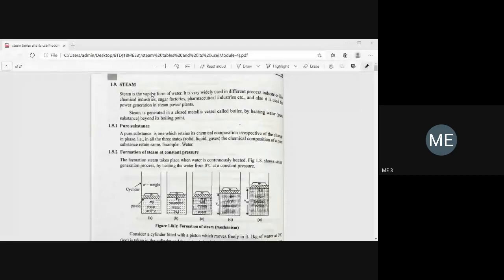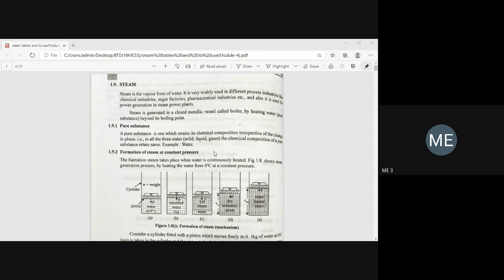Okay, steam. Already we are discussing steam. Steam is the vapor form of water. Is the screen visible? I shared another screen. Is it visible? Yes, sir, it is visible. So steam: when will you get the steam?